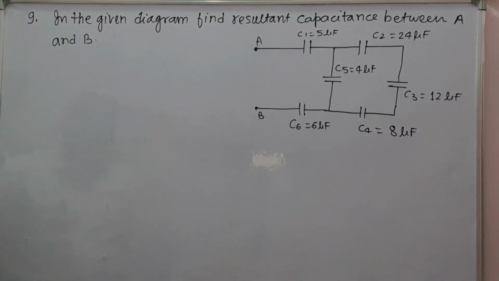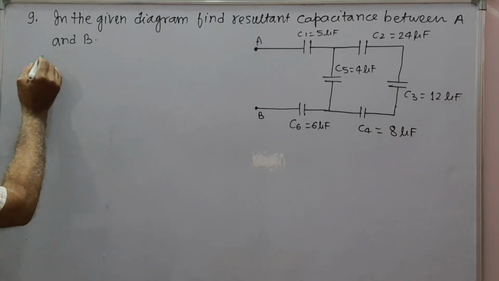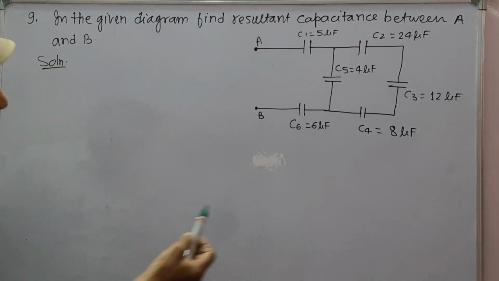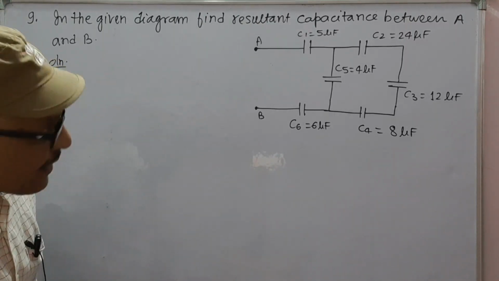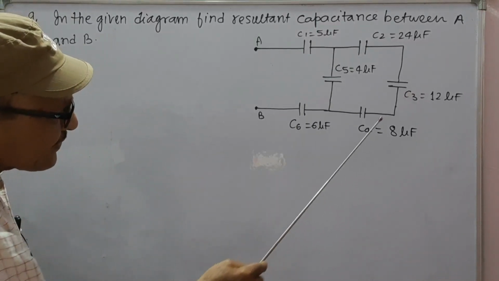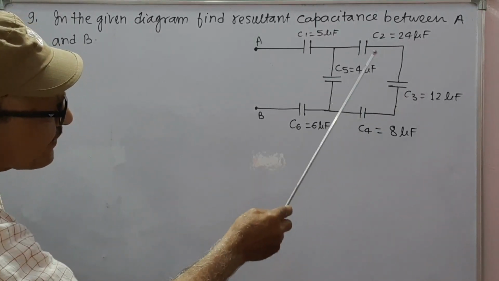Next, question number 9. In the given diagram, find the resultant capacitance between points A and B. Solution. Here capacitors C2, C3 and C4 are in series.